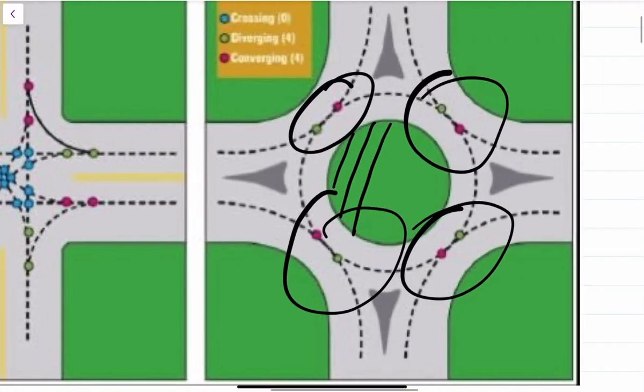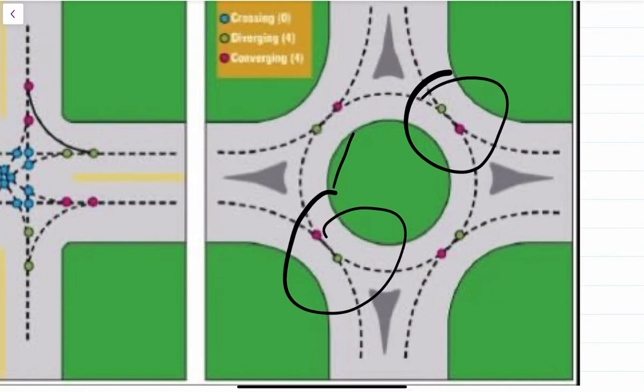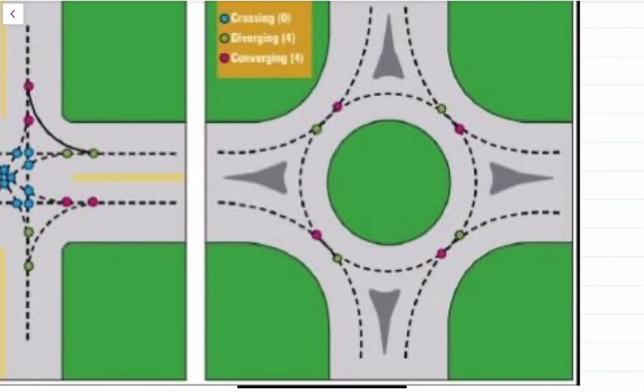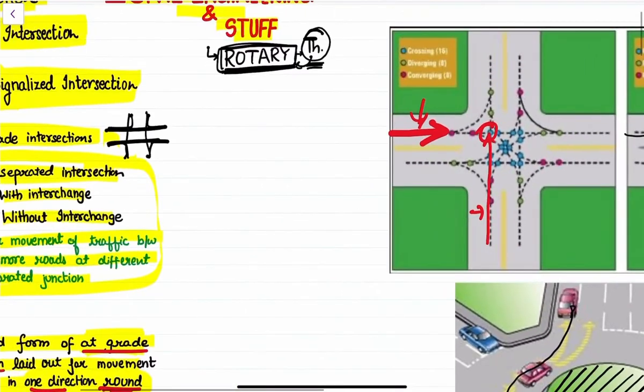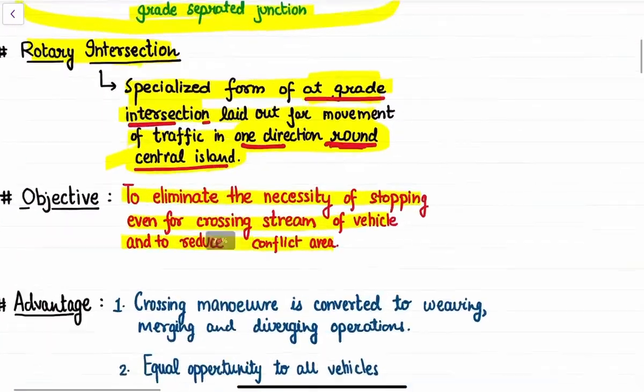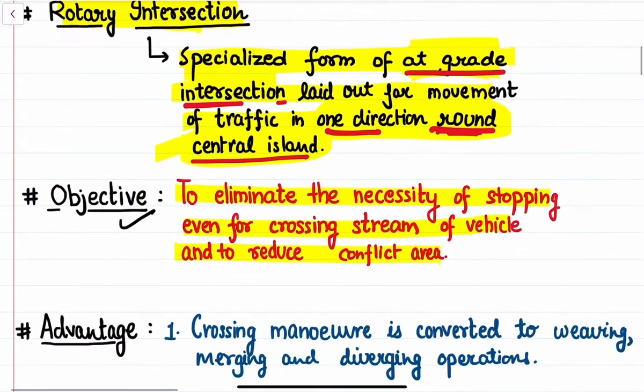So by constructing a rotary or a roundabout, we eliminate this behavior. We reduce the conflict points while we ensure that the vehicles are moving without much compromising with their speed. All right, that is the objective that we try to achieve by constructing a rotary or a roundabout.